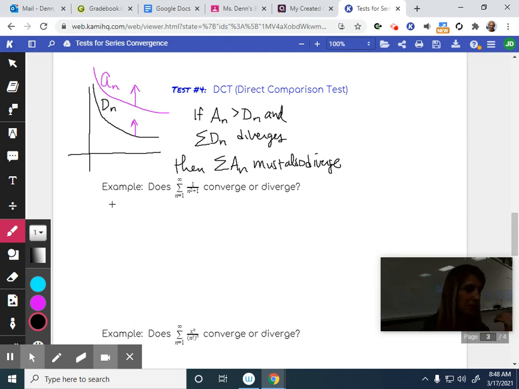But let's look at the converse of this. If I have a series, let's call it c sub n, that converges. So let's call this series c sub n, and it's small enough that it's going to converge. Well, if my series is even smaller than that, let's call it a sub n, then mine must converge also.